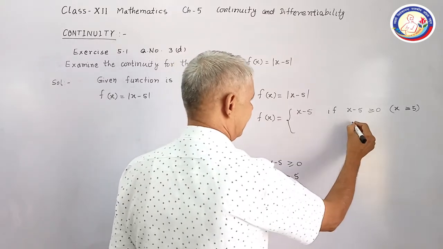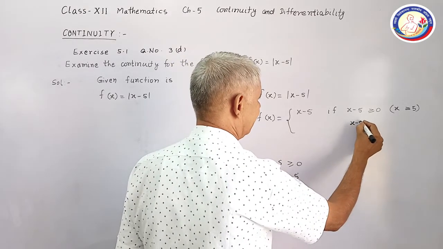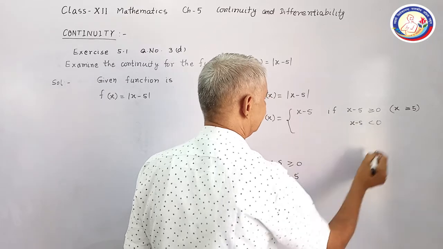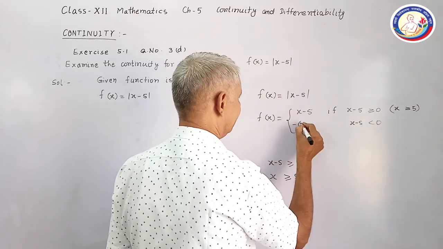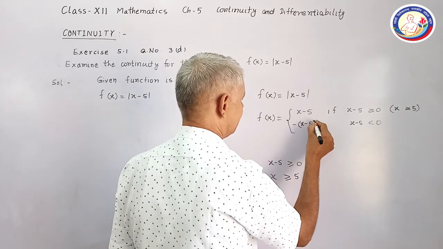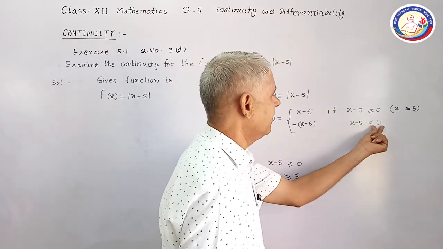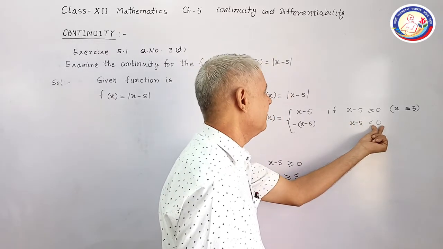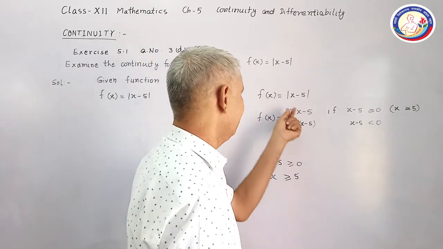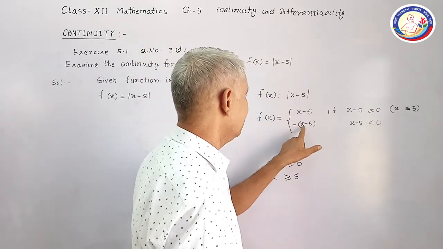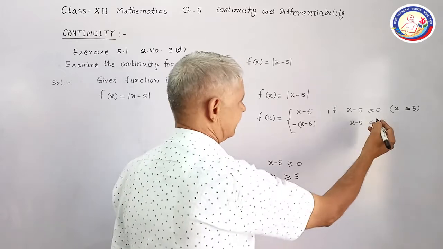Now, if x minus 5 is less than 0, it will be negative. The value of x minus 5 is negative, or less than 0, then the value of this function f(x) will be minus (x minus 5).